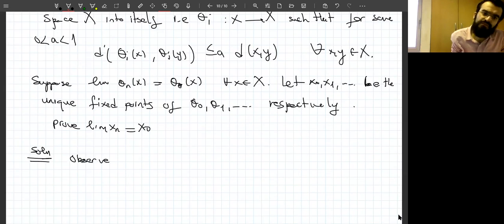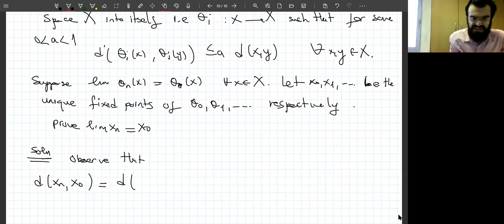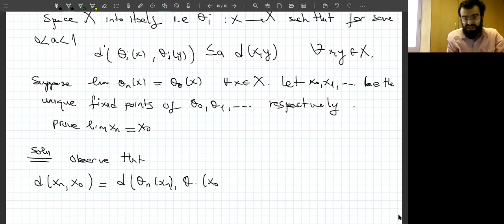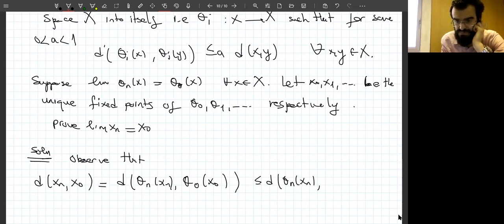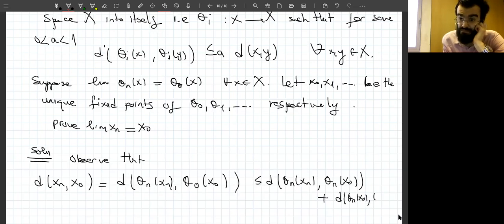Observe that d of x sub n, x sub 0, as they are fixed points of theta n and theta 0, is d of theta n xn, theta 0 x0, which is less than or equal to, by triangular inequality, d of theta n xn, theta n x0, plus d of theta n x0, theta 0 x0.